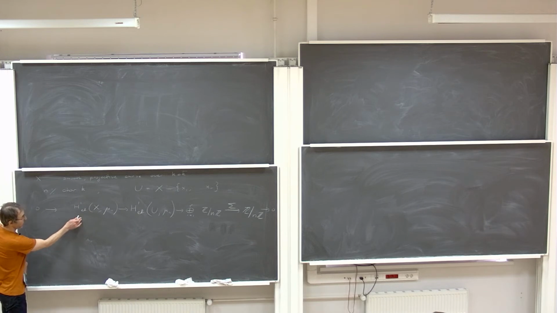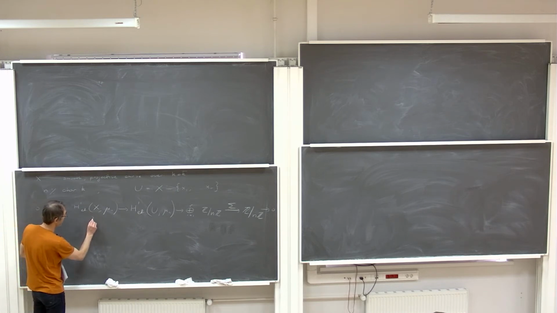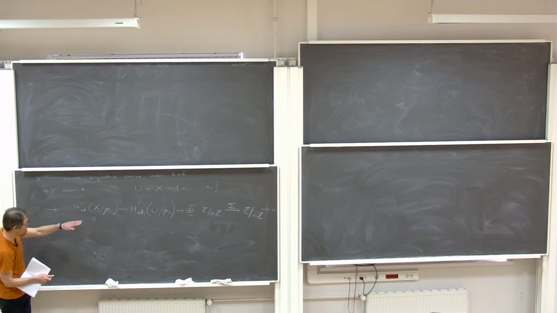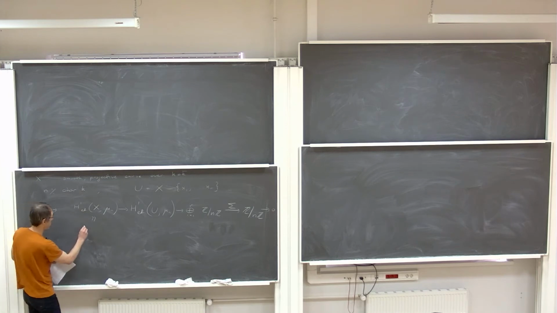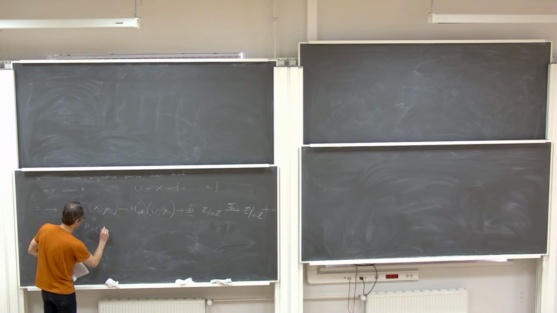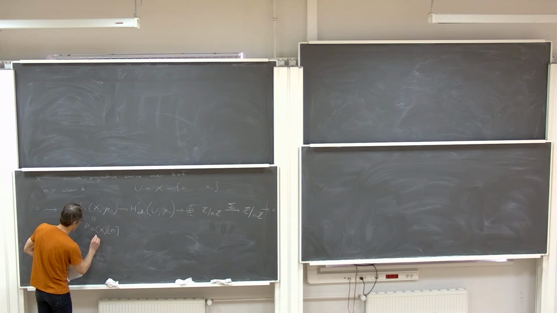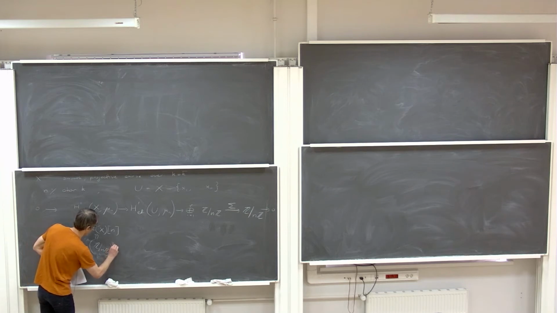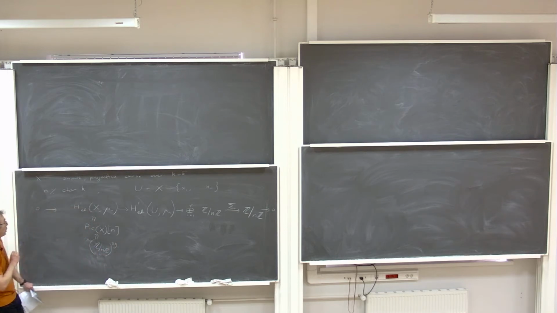And we also computed this group. Well, abstractly, canonically, this is the n-torsion of the Jacobian of X, and non-canonically, this is isomorphic to Z mod nZ to the power 2g, where g is the genus.